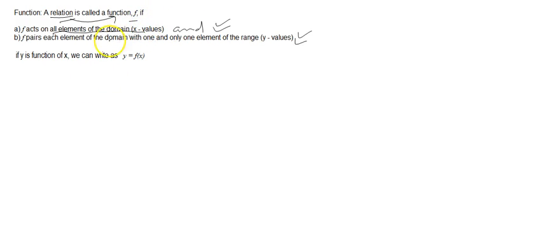And the second thing, the most important condition here, is that each element of the domain is associated with one and only one element of the range.